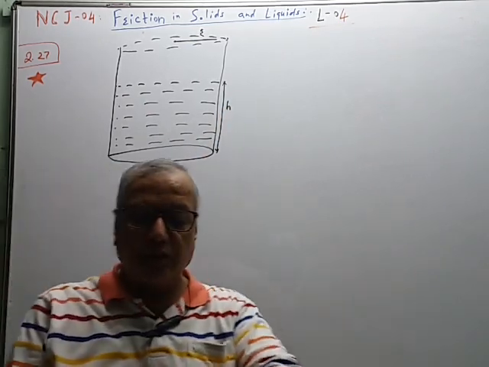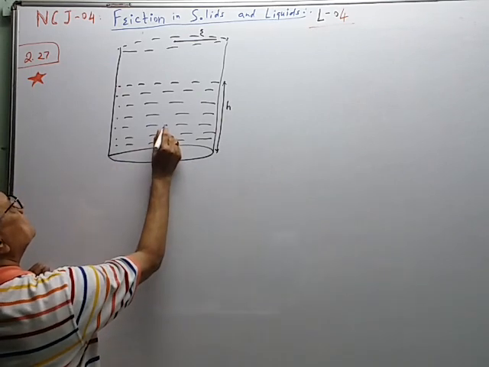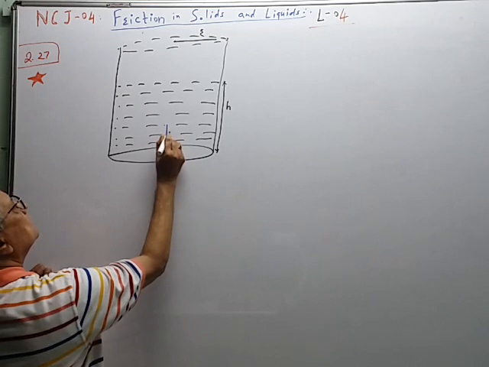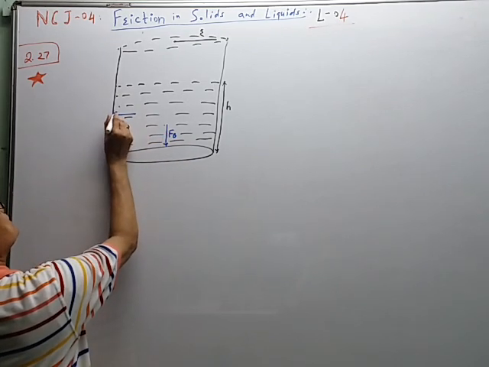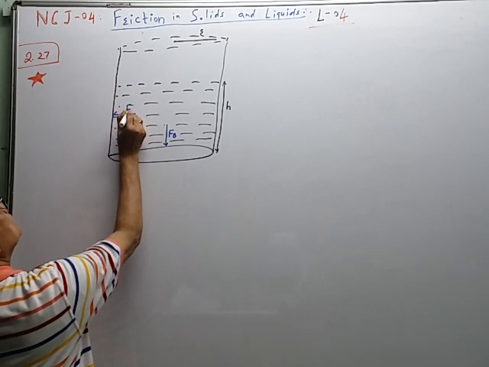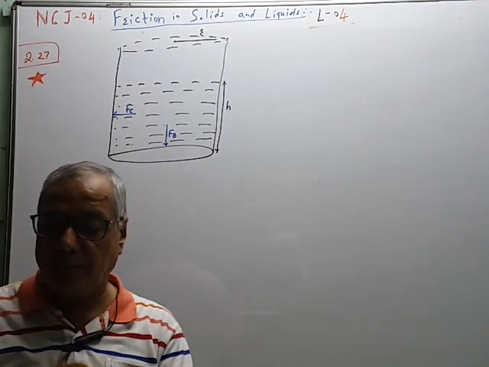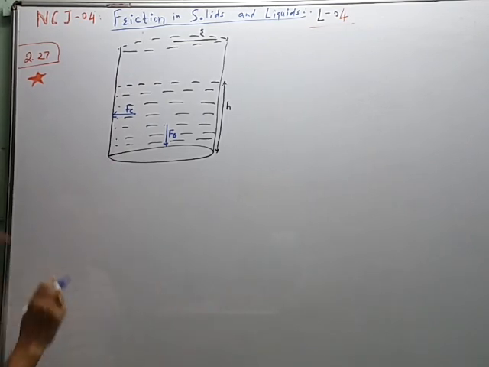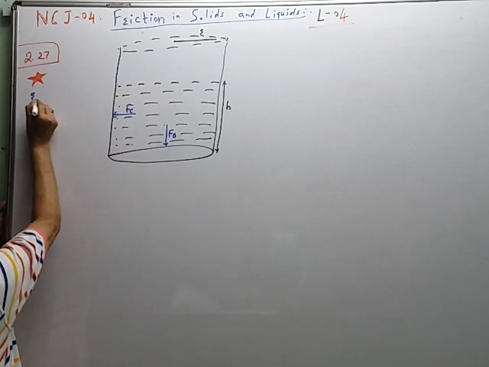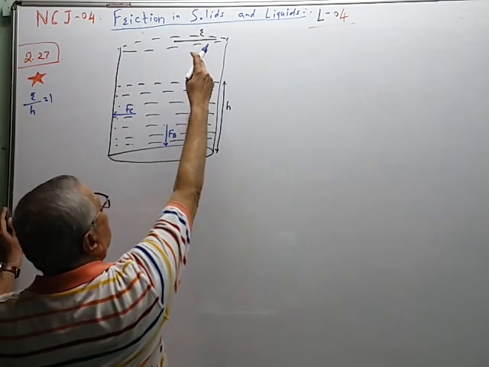The force exerted on the bottom we will denote by FB, and the force exerted on the side surface is FC, cylindrical surface or curved surface, like this. So these are the two forces. We have to find R by H is equal to question mark. R is the radius of the cylinder.